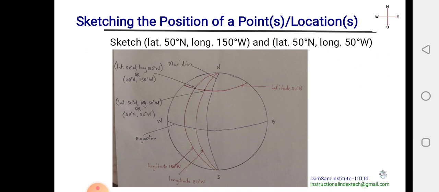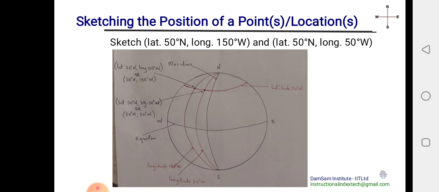And not only that, we are asked to draw longitude 150 degrees west, which we have drawn as well. It is labeled there. That is longitude 150 degrees west. It is drawn towards the west cardinal point, and we are asked to draw longitude 50 degrees west as well. That is what is drawn, followed by it. It is 50 degrees west. And what we are actually identifying here is 2 points.